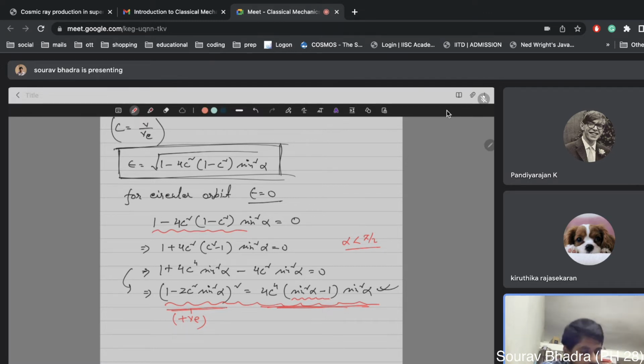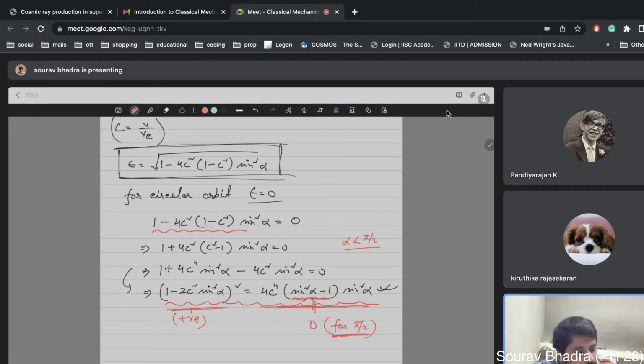So this equation is only valid when your alpha is pi by 2. That means the term in the bracket will be 0, and your right hand side will give 0 for pi by 2. So 0 can be accepted on the right hand side, because 0 can be a square, but negative cannot be a square.